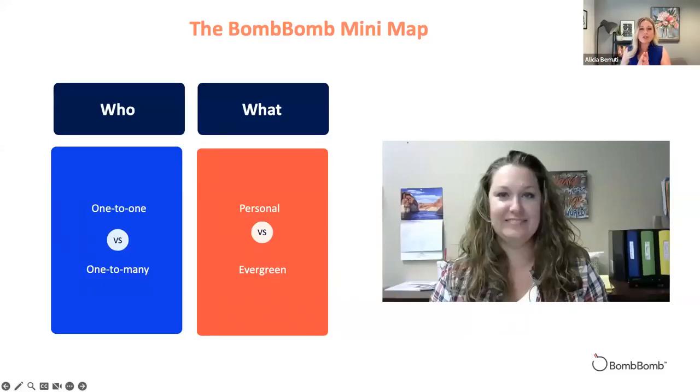Personal means that the person is recording it at one point in time to send out to, whether it's one or to many, but they're only going to use that video one time. It's personal. It has one use case, right? Even though it's a one-to-many, right? Sending out a video saying Happy St. Patrick's Day as an evergreen would be really, really confusing, because an evergreen video is a video that you can use over and over and over and over again, okay?